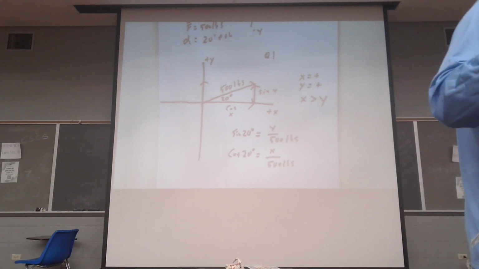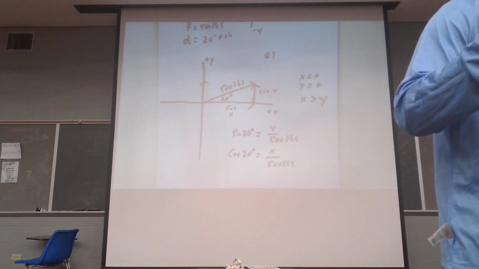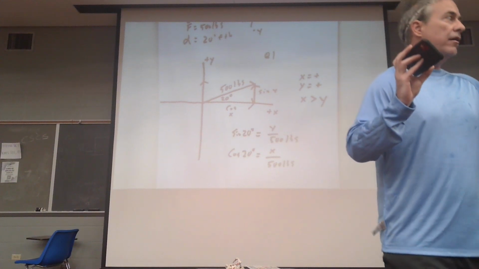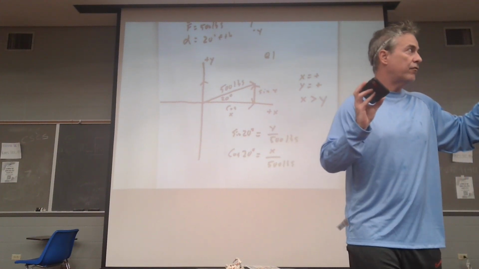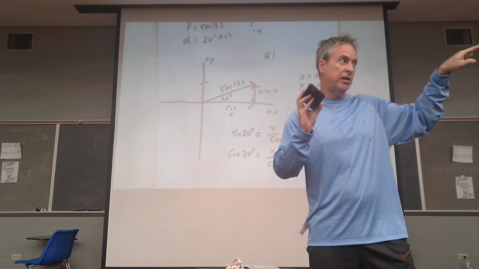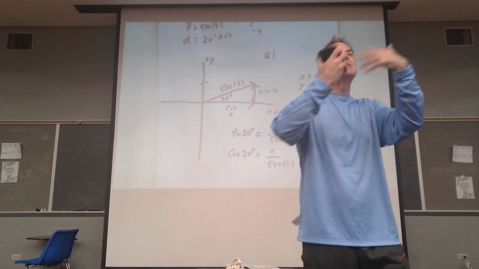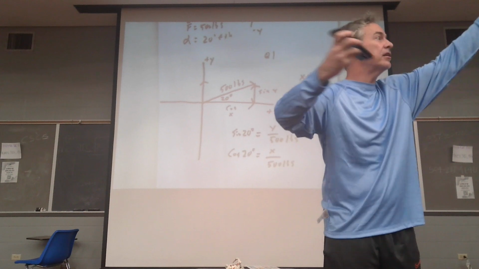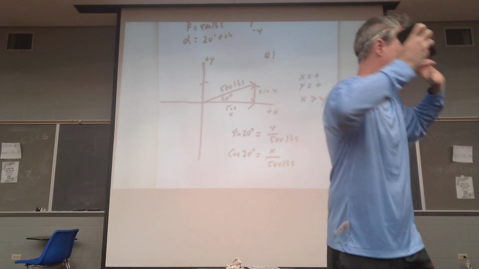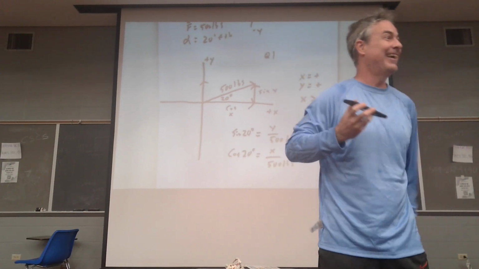That's a percentage. What that means is, whatever vector you have, when it's applied at 20 degrees, 34-ish% of that 500 in this case is going to be in the y. Absolutely.